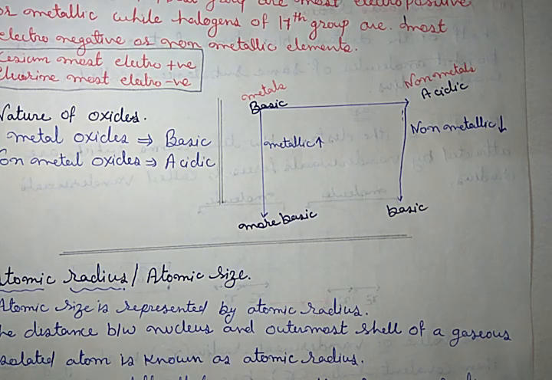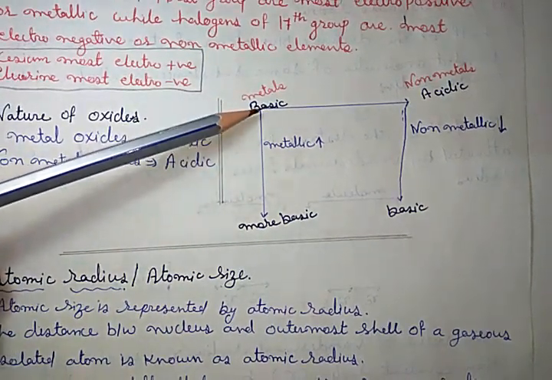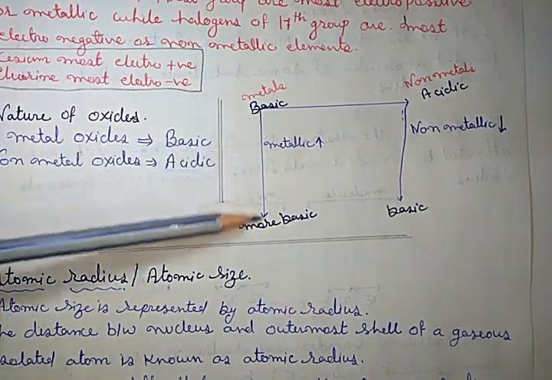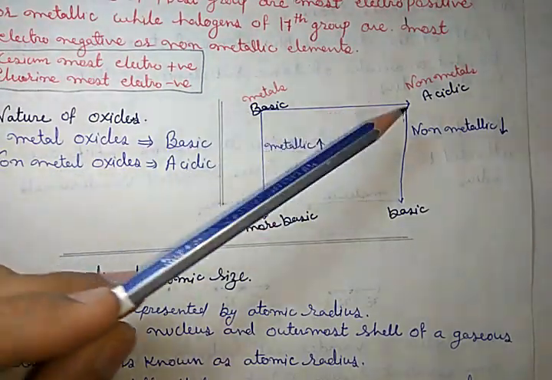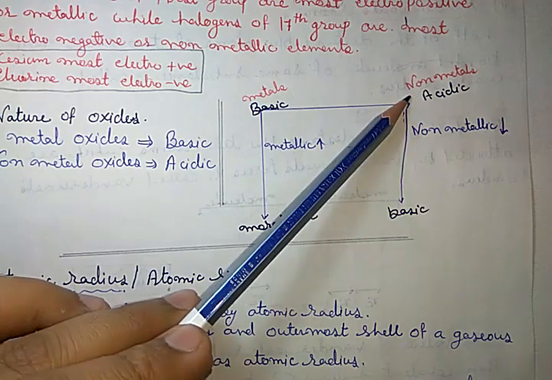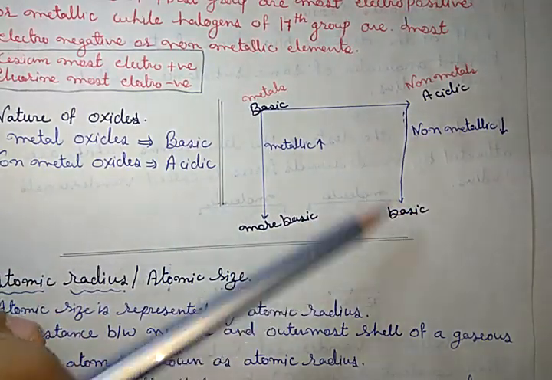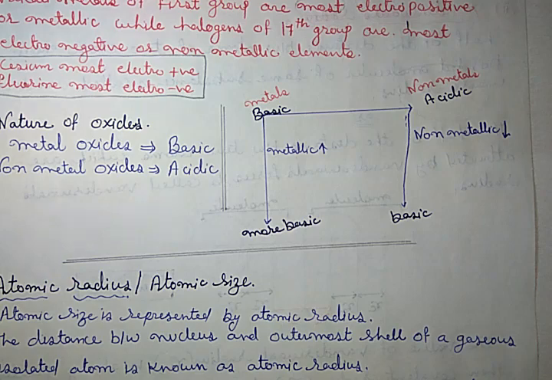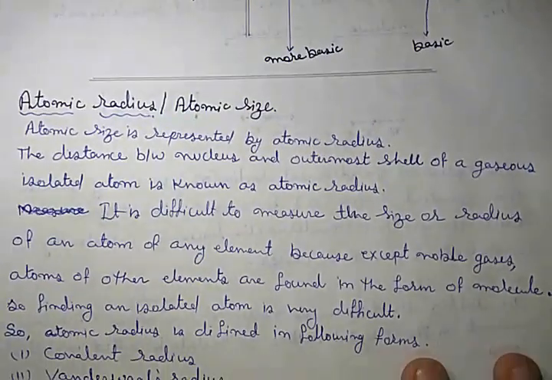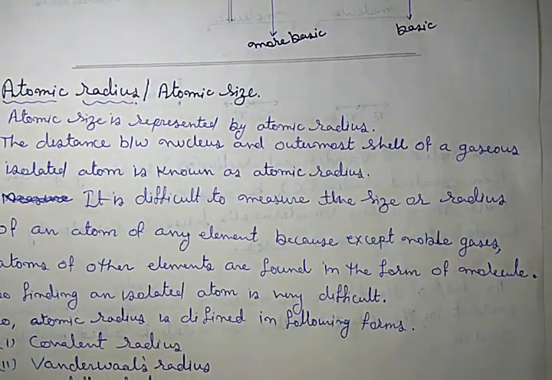It results in the nature of oxide here increasing from basic to more basic, and here acidic to basic. Got it? Clear? Now let me move to our next topic. Here the periodicity of the properties of elements is completed.